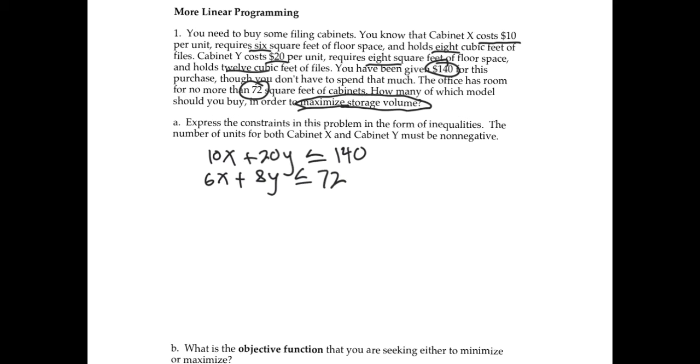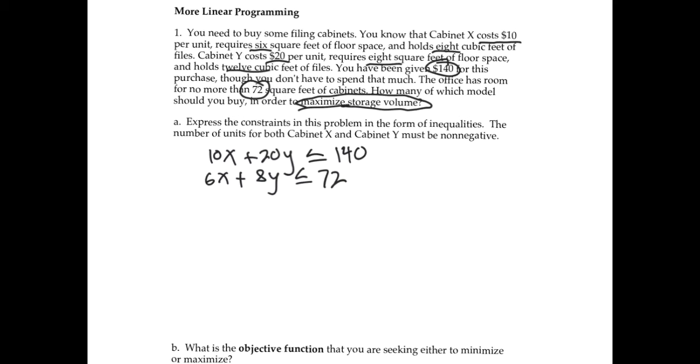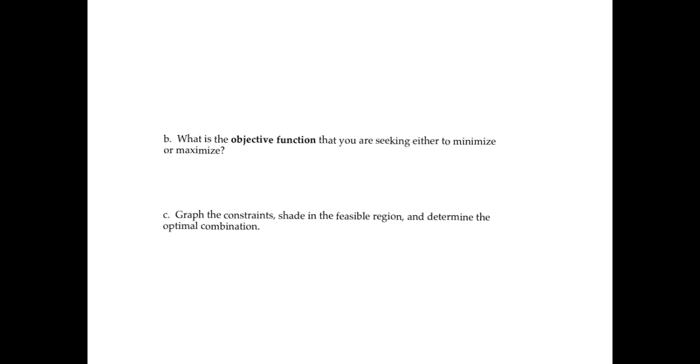We have 8 cubic feet for cabinet X and 12 for cabinet Y. So what we're trying to maximize is 8x plus 12y, equal to our total storage area, which we'll call S.